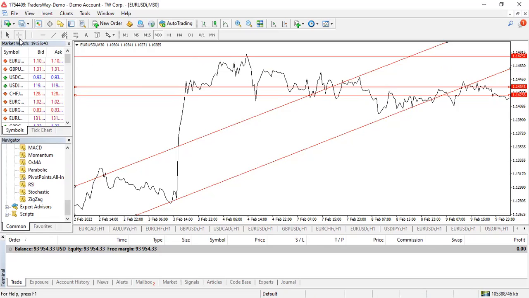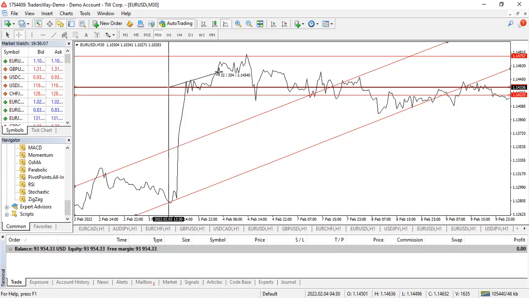I will select these tools here, calculate, and drag it. This is 10 pips. If I'm targeting 1:2, which means I'm risking 10 pips to earn 20 pips. So this is where I'm going to set my take profit.